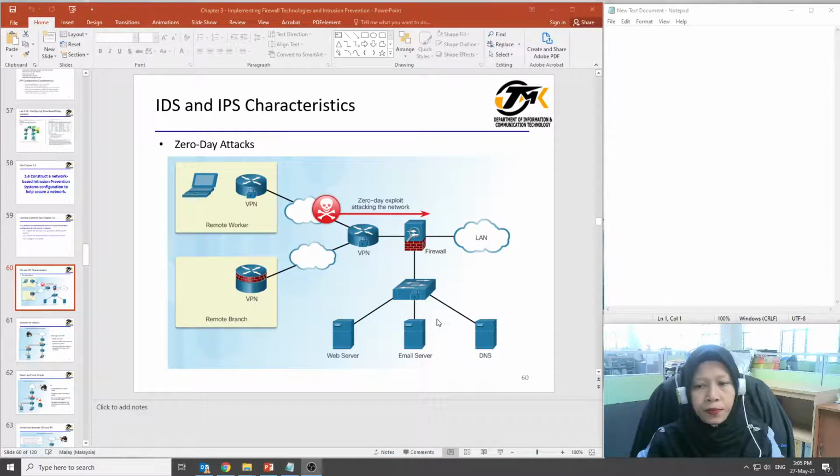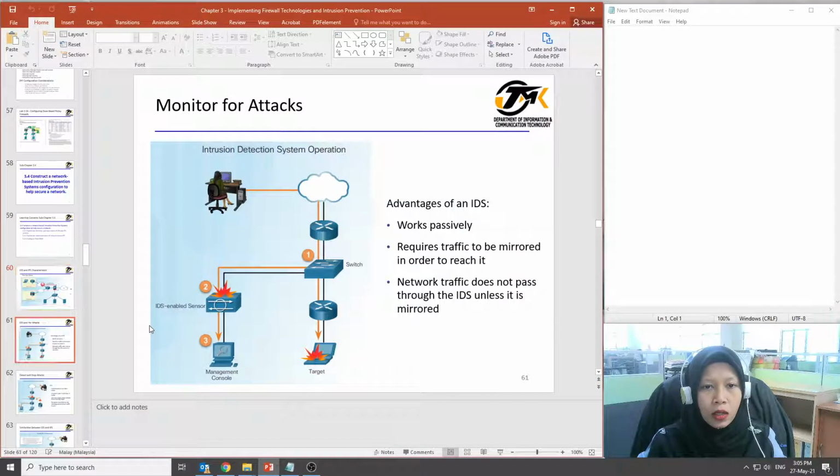As you can see here, this is the DNS server, web server, all this in the DMZ. This is a VPN in a remote branch, and they have a remote worker using a VPN. So this is where you put your IDS and IPS. Even if they have a VPN, they will know the zero-day exploit which is attacking the network.